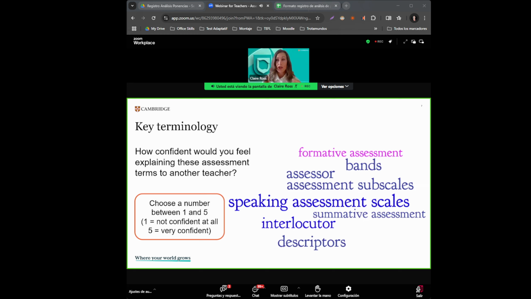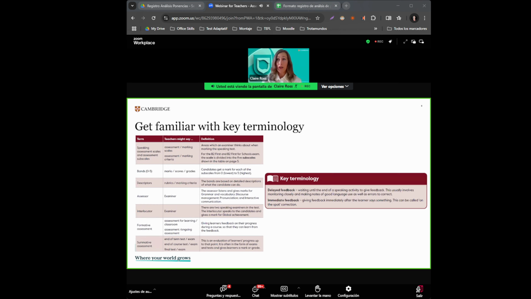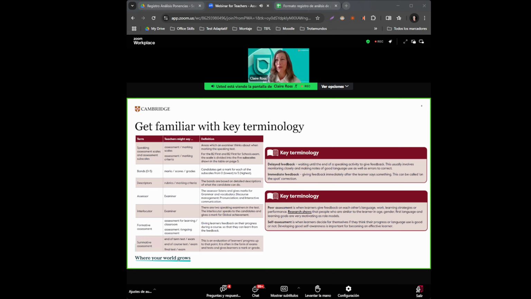Don't worry. You don't have to memorize or learn these terms, but it's useful if you understand them because it will help you work with the handbook and it will help you work with the assessment criteria as well in the guide. And you also really need to help your learners to understand the assessment criteria too. But don't worry, because you've got some help with this.